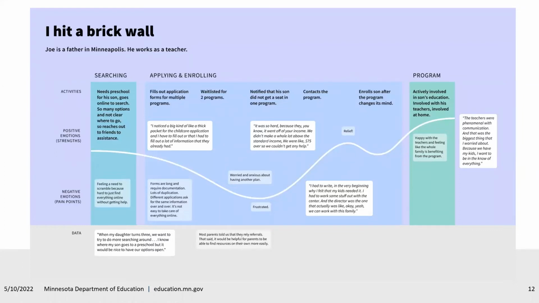And so this journey map shows an example of a father who had that same experience of their income just being slightly above the limit, but eventually convincing a program to take his child and the real benefit that he experiences and the positivity once he's connected to a program. Next slide.